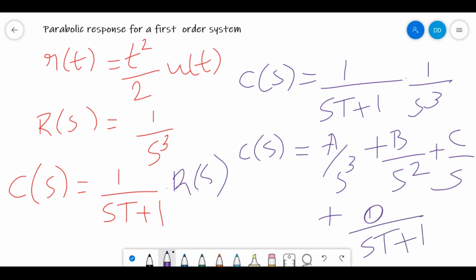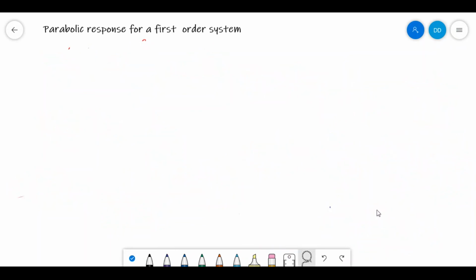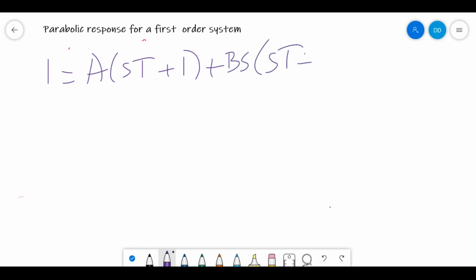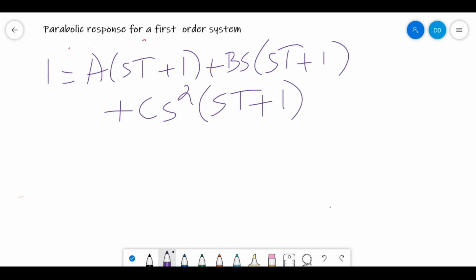Now we have to equate the coefficients on the left hand side and the right hand side, the s cube term, s to the power 4 term, s square term, and we get 1 equal to A into sT plus 1 plus B into s into sT plus 1 plus C s square into sT plus 1 plus D into s cube.